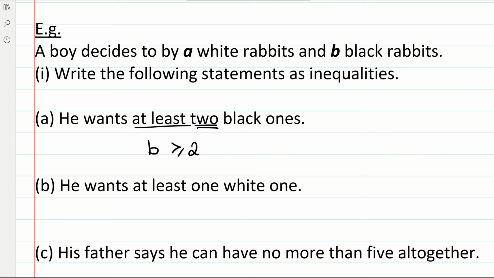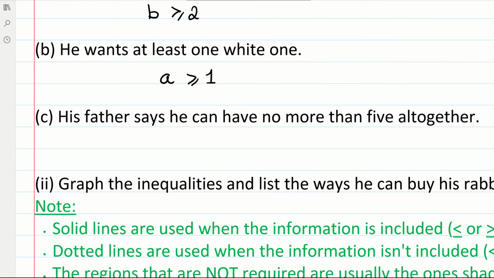He wants at least 1 white one. So the white one is an A, so that's A is bigger than or equal to 1. His father says he can have no more than 5 altogether.